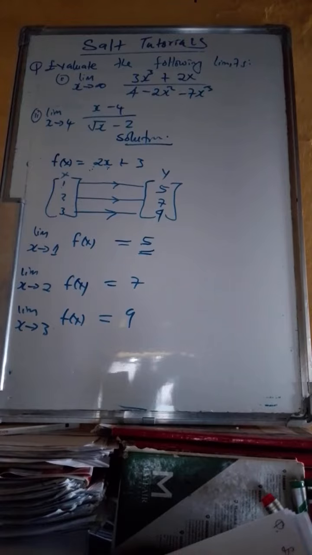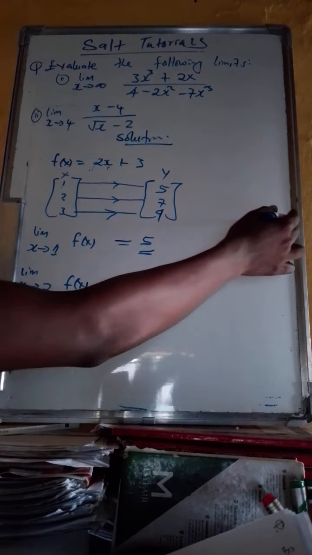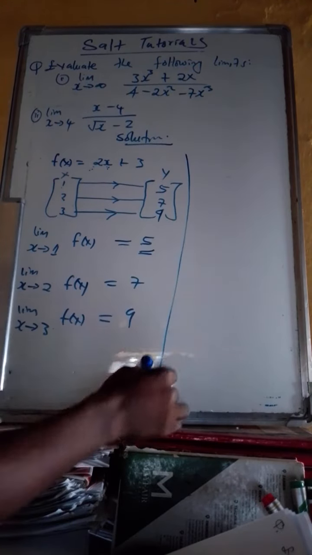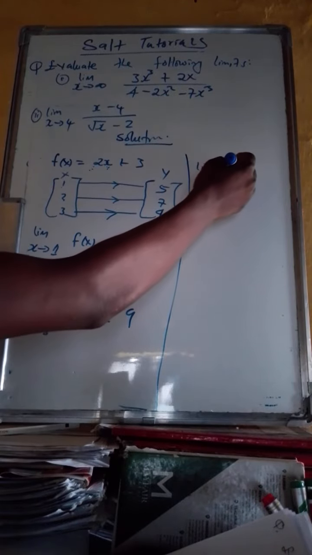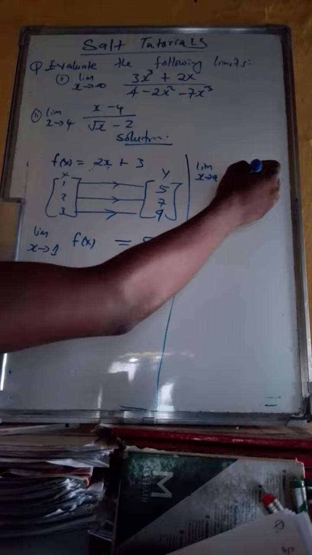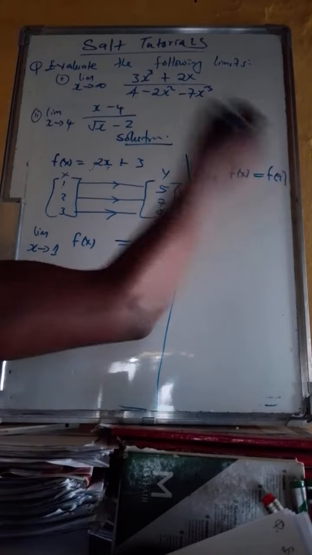In simple terms, the limit as x approaches a of f of x is just basically the evaluation f of a.